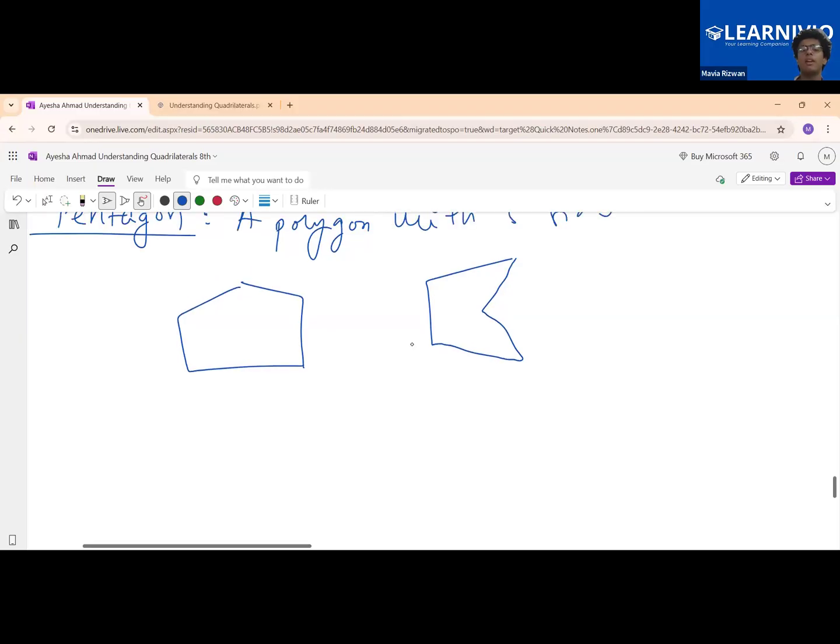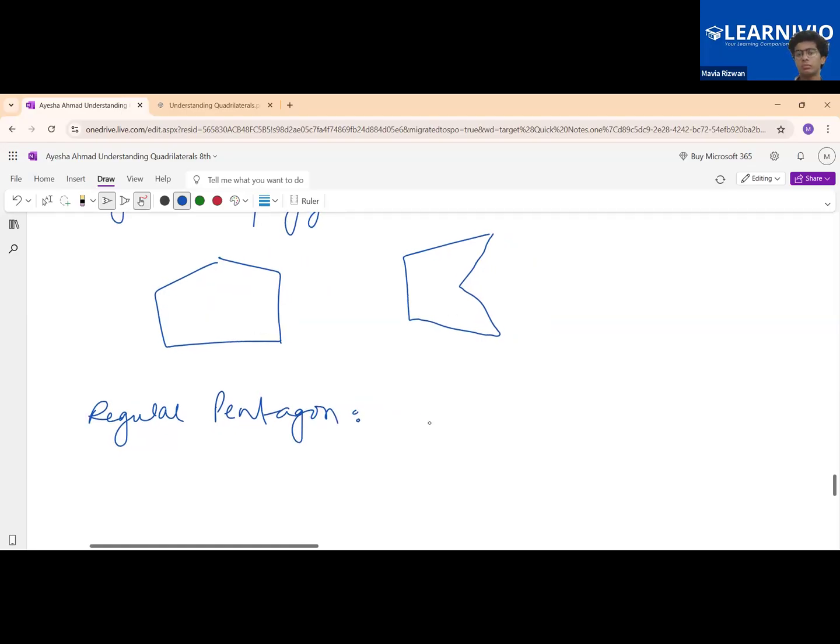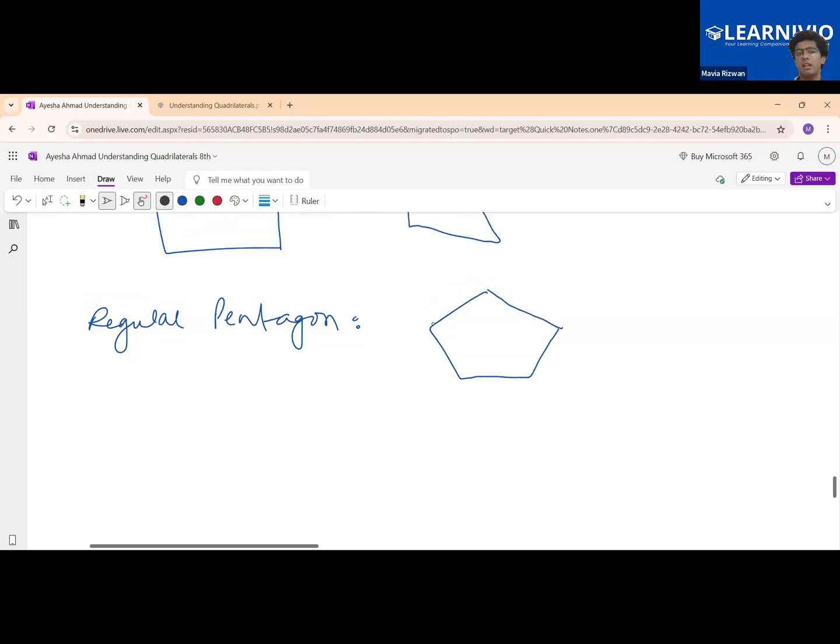Now we have in a pentagon a regular pentagon. What is a regular pentagon? Regular pentagon where all sides are equal. All sides and all angles are equal. Basically, if I talk about a regular polygon, first I'll tell you this.